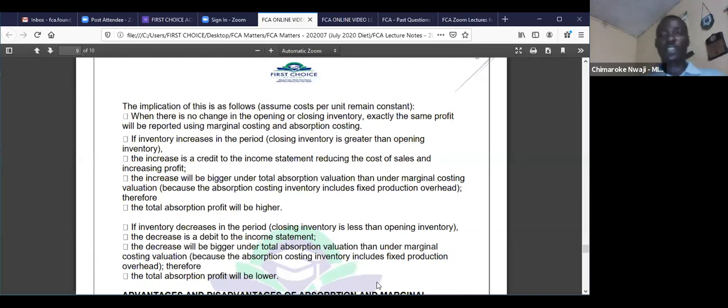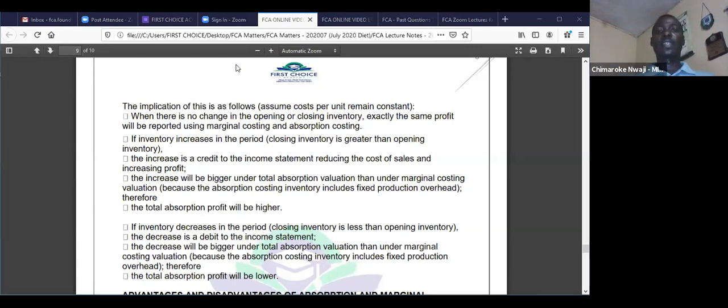So let's look at the relationship again. It can be an OBJ question. A higher opening stock increases cost of sales. So the higher the opening stock, the higher your cost of sales. The higher your opening stock, the lower your profits.